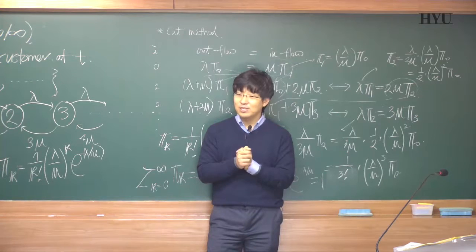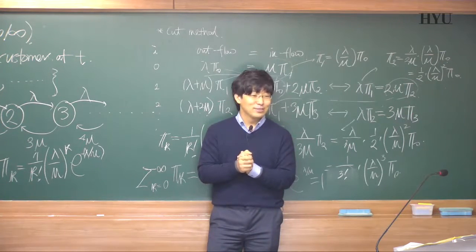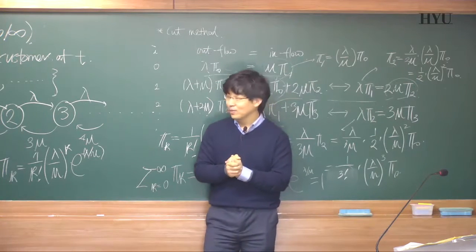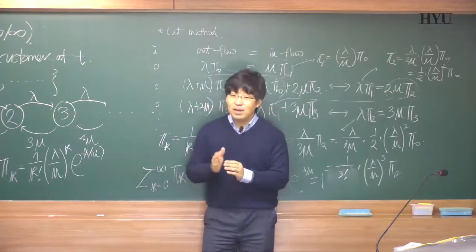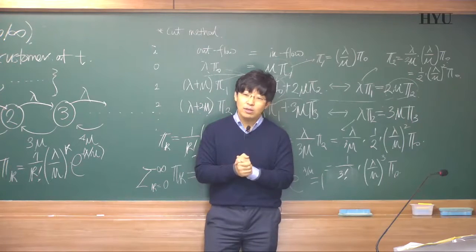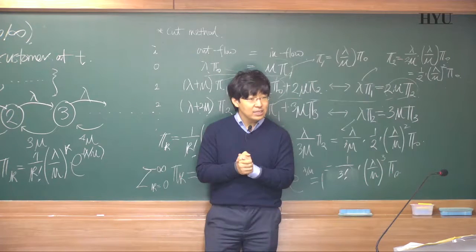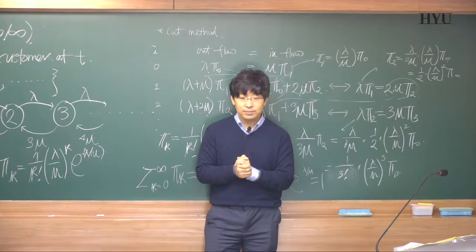We mentioned this distribution many times just before CTMC. What do you think? Poisson. This one is the PMF of the Poisson distribution with rate lambda over mu. Okay, you can check.